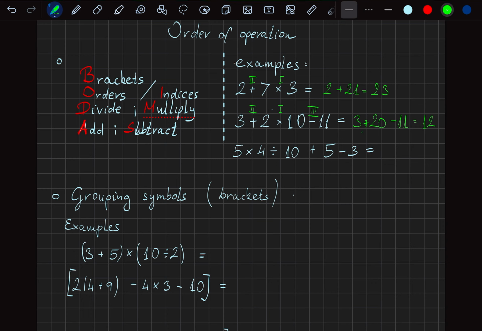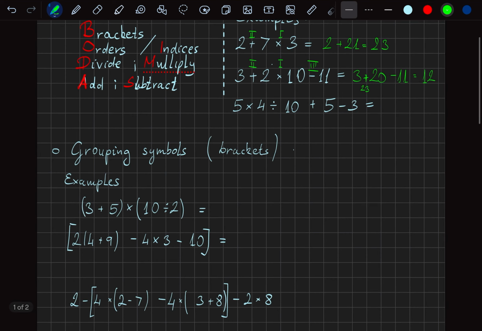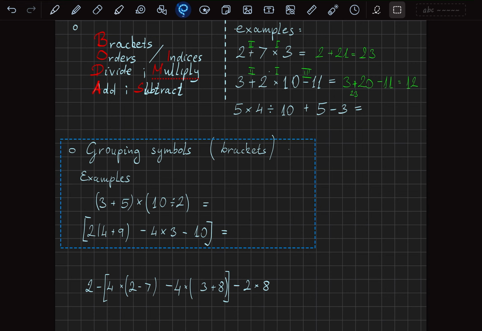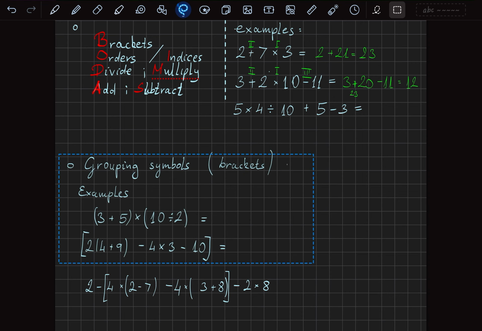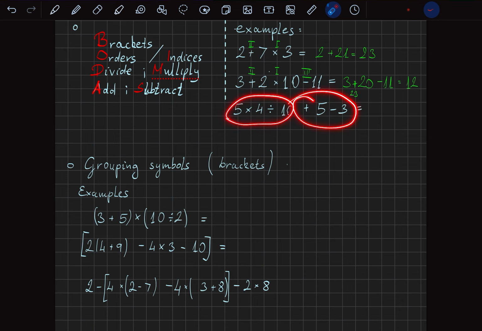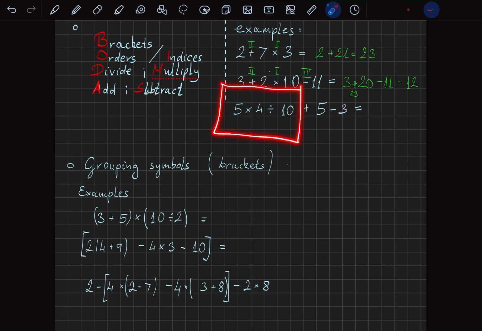Okay, I don't have too much space here, so I will just make some place, because the next one will be a little bit longer. So multiplication, division, addition and subtraction, they are on the same level, so basically we can cut here.